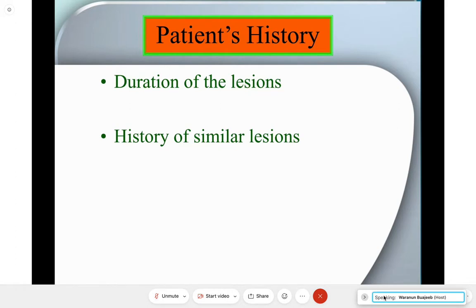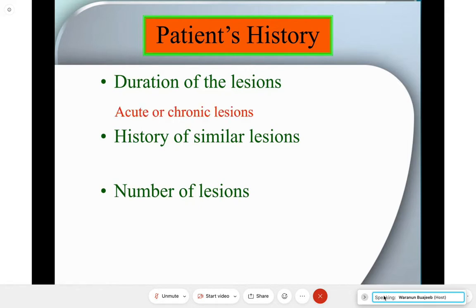Some patients may recall and tell you that they experienced this type of lesion before, maybe at a different location in the oral cavity or perioral area. So the history can help you identify or diagnose the disease. Also, the number of lesions: if they occurred in the past, how many, and at this time, how many lesions occur.